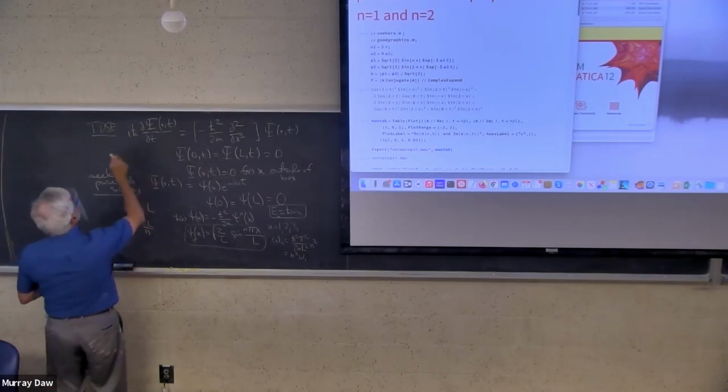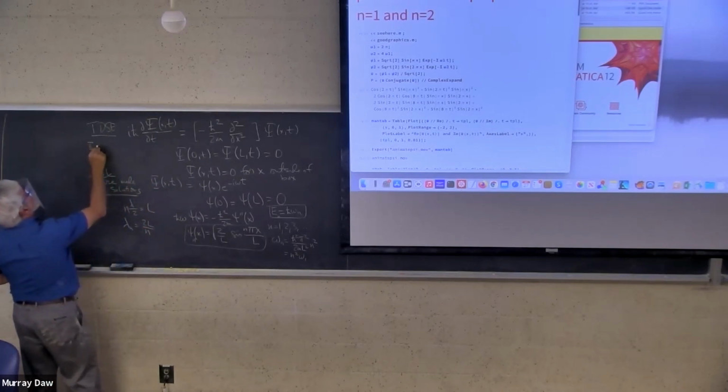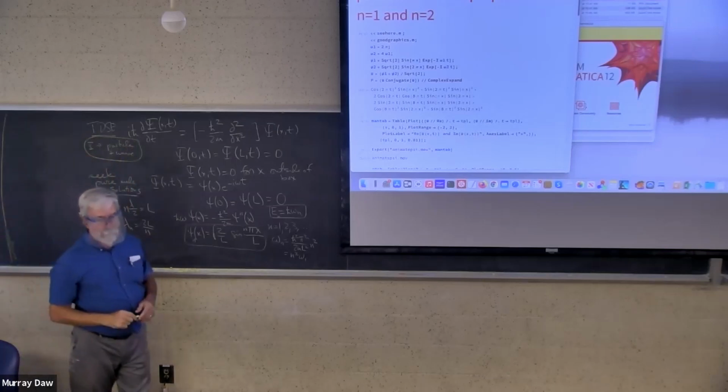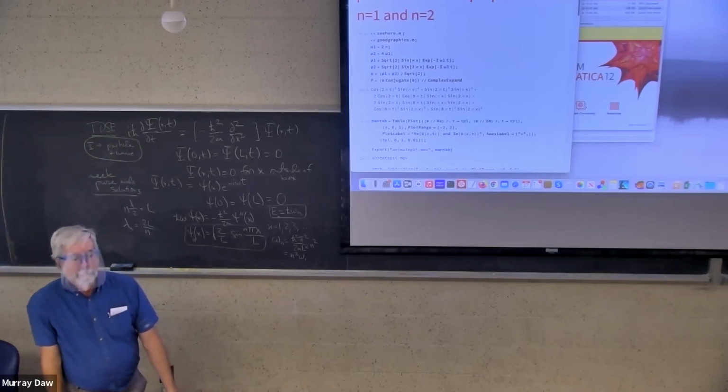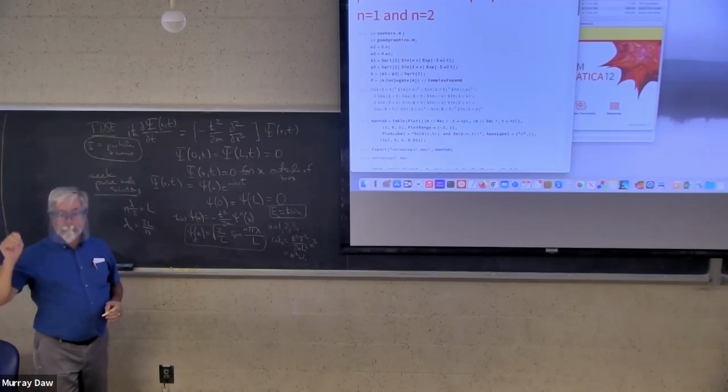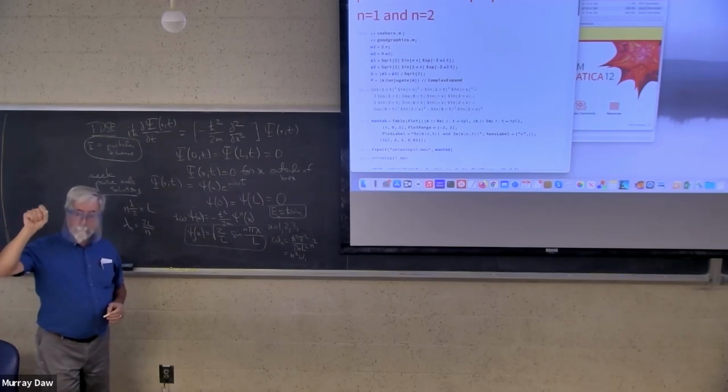Remember, psi describes particle plus wave in some way, which we're not really clear on the details about how that works. But if I take psi star psi, then I get the probability of finding the particle at a given x.